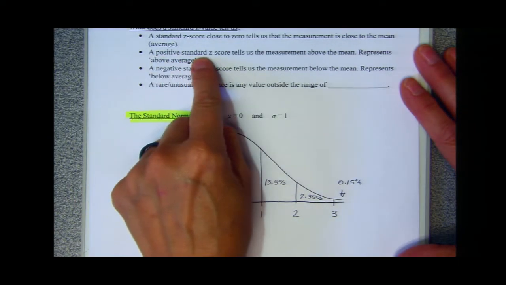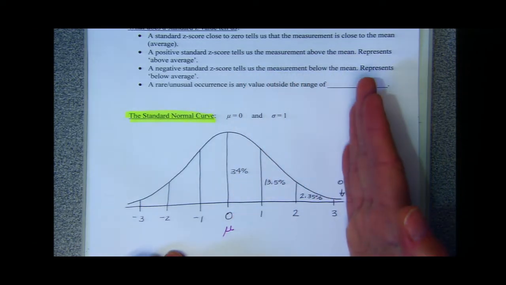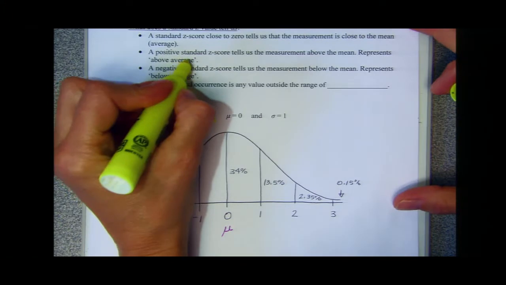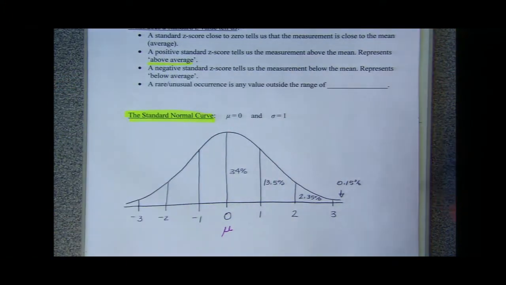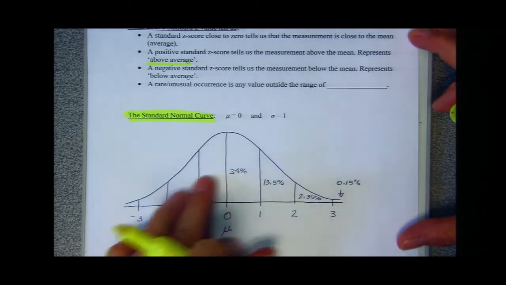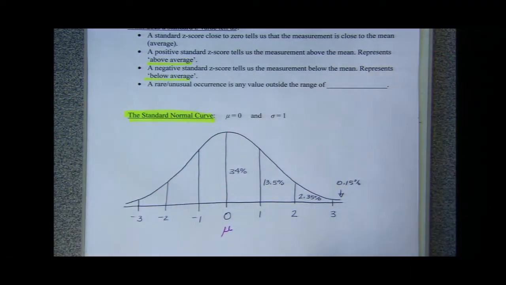A positive standard z-score, so everything positive goes to the right, means I have done above average. Any negative z-score, which is to the left of mu, tells me that I did below average.